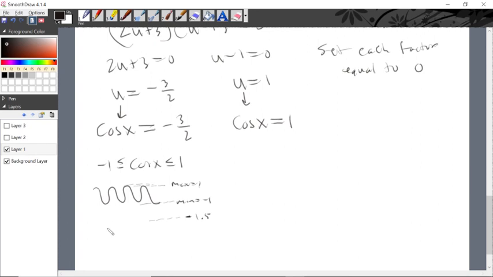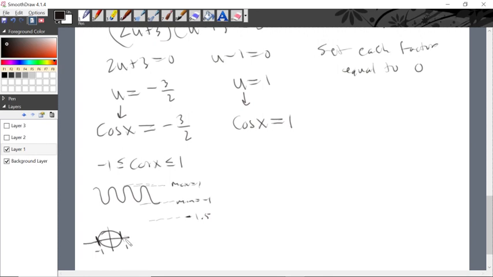If you're using the unit circle's geometry, in the unit circle we say cosine is the x-coordinate. Well, this is as far to the left as we can get in the unit circle. That point right there, the x-coordinate is -1. Over here, the x-coordinate is +1.